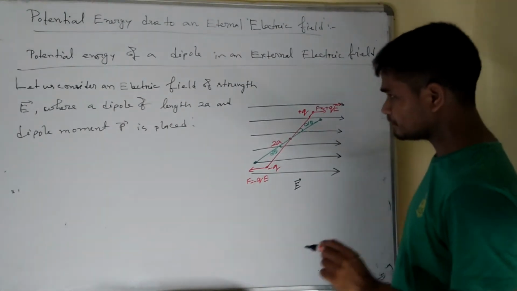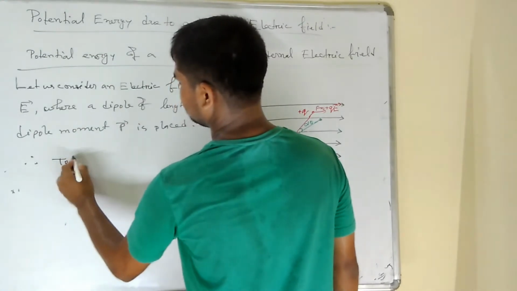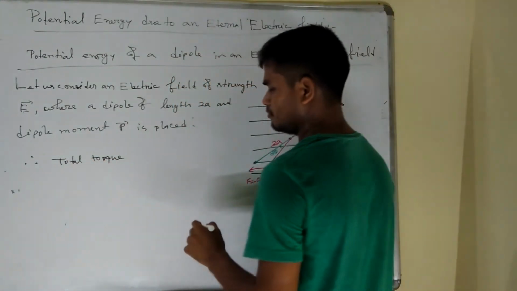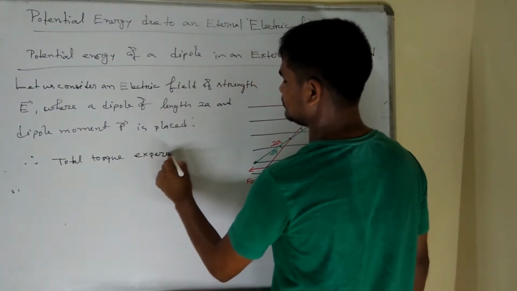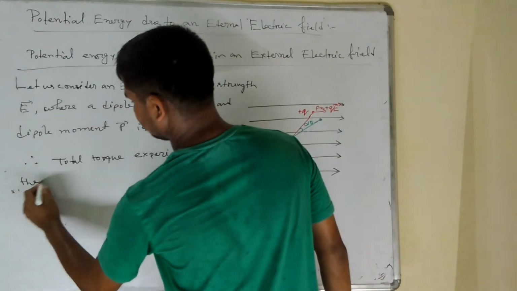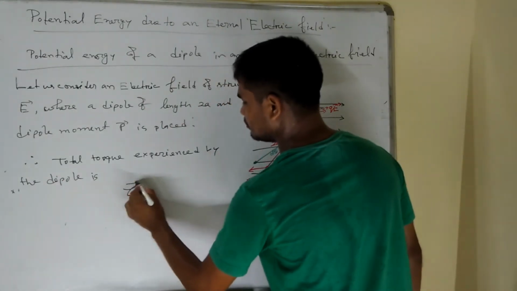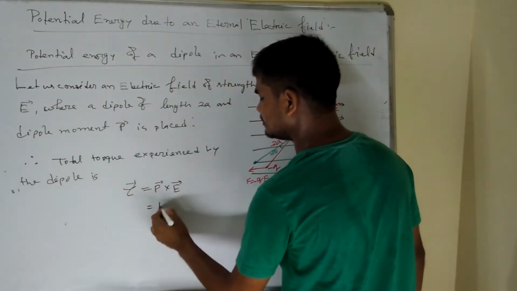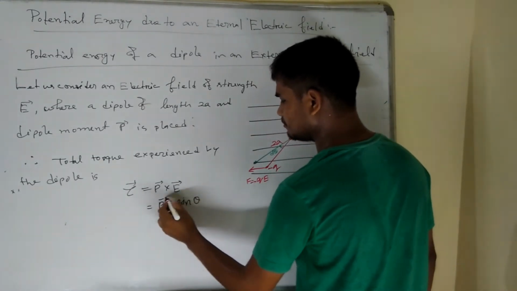Okay, therefore the total torque experienced by the dipole is torque equal to P cross E, that is PE sin theta.